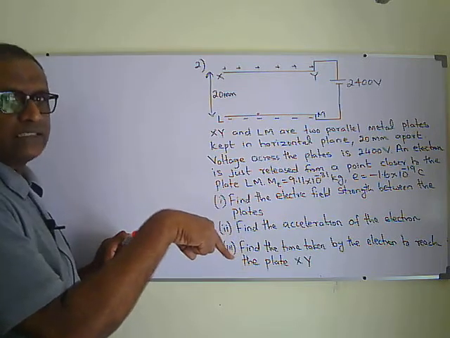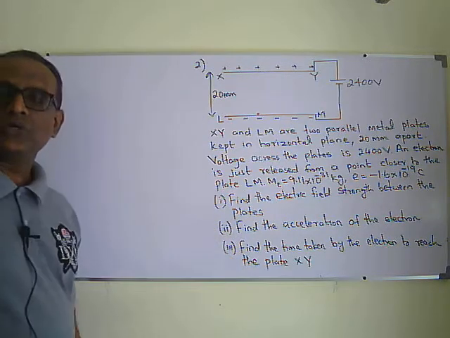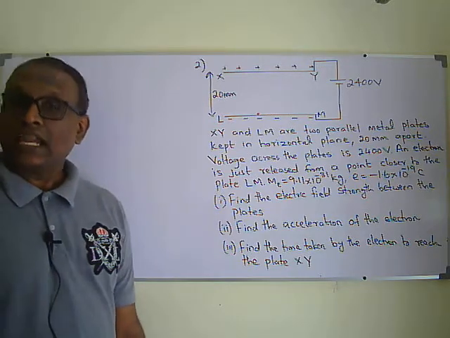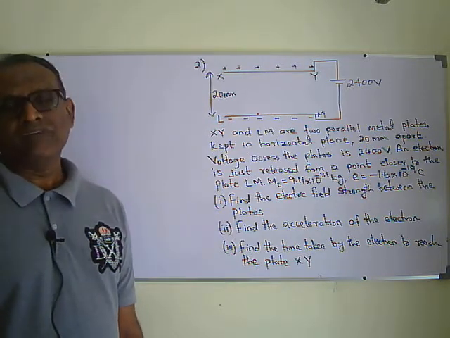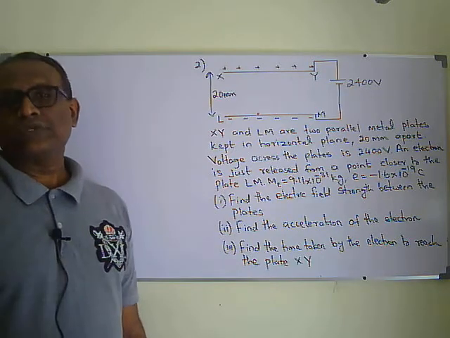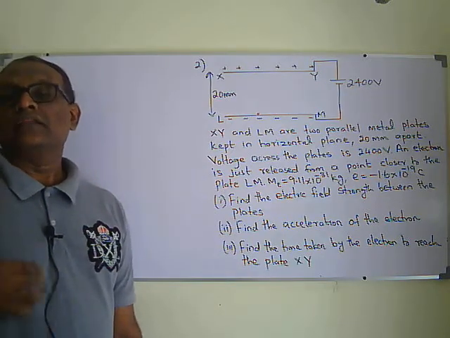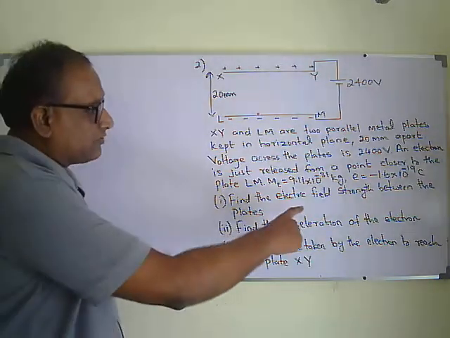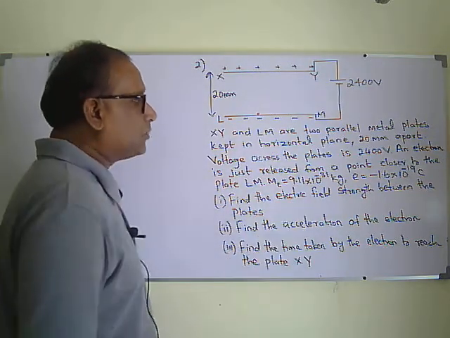We could take the downward gravitational force, but normally, the gravitational effect on electrons, protons, alpha particles is negligible, very small. So in these types of questions, we don't need to consider the force due to the gravitational field. Mass of the electron is 9.11 × 10^-31 kg.